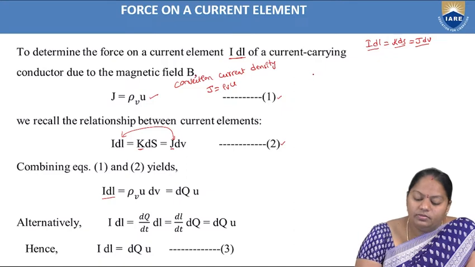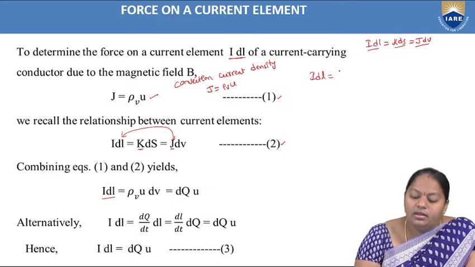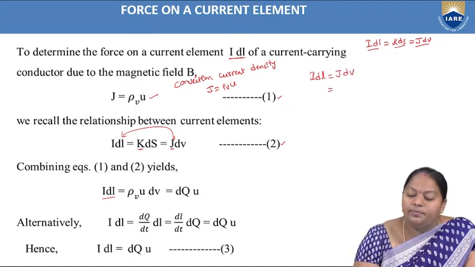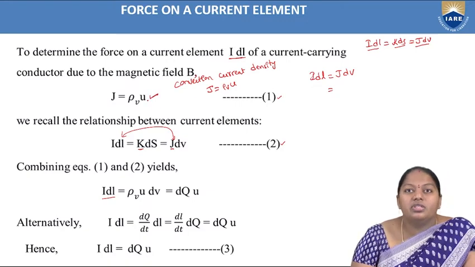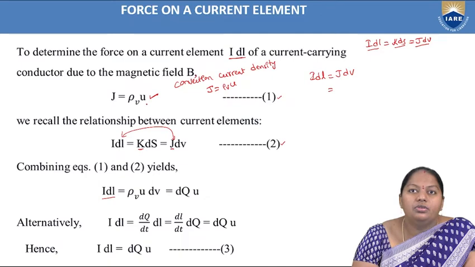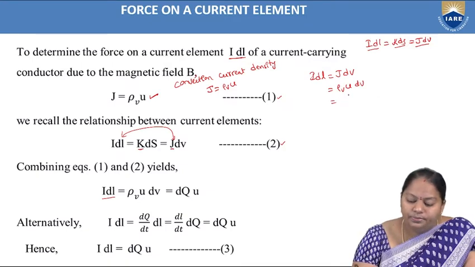We know that J, according to the convection current density, is rho V into U. Now substituting for J, we get rho V into U into dV. Then if we separate U, we have rho V into dV.